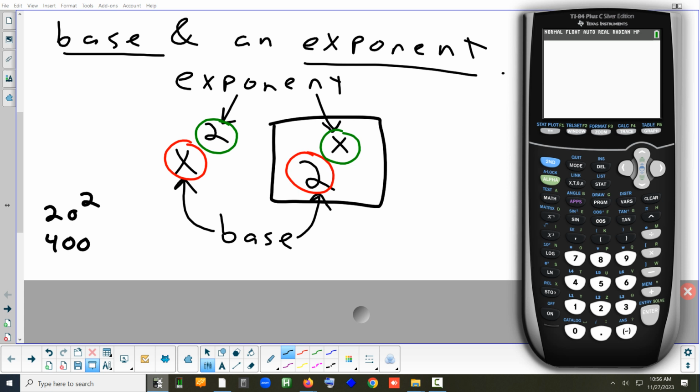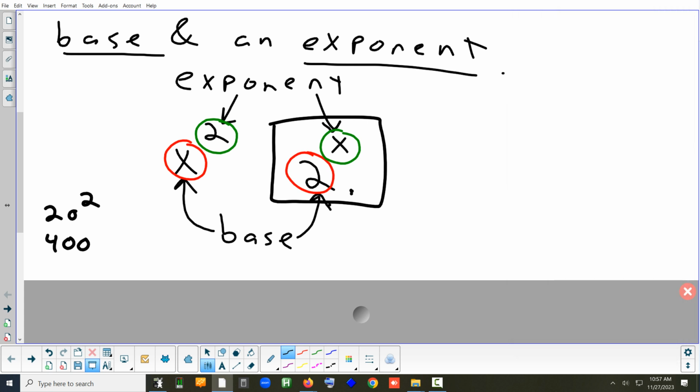Do you think it's going to be bigger or smaller than 400? Yeah, it's going to be a lot bigger. So it's in the millions. 1,048,576. Yeah, it's a big difference. So the key thing with an exponential is it gets a lot bigger, a lot faster. Very, very big. Maybe not for small values of x, but once you start getting like 10, 15, 20, keep going up, this one's going to get a lot bigger, a lot faster.